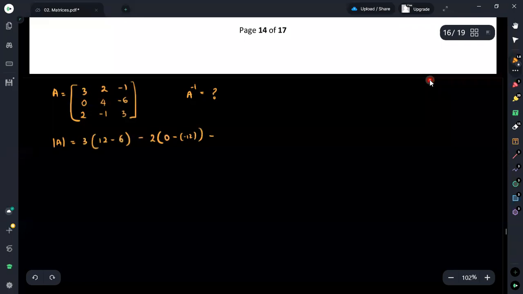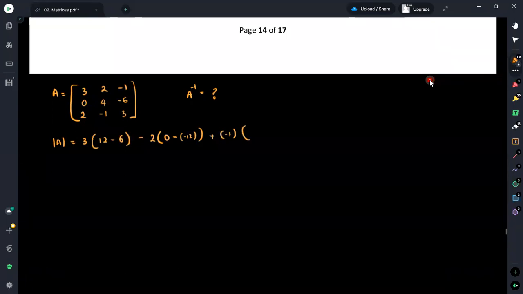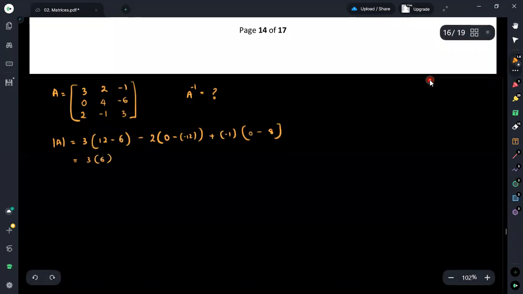Then it is plus times minus 1, then we get the value as 0, minus 8.